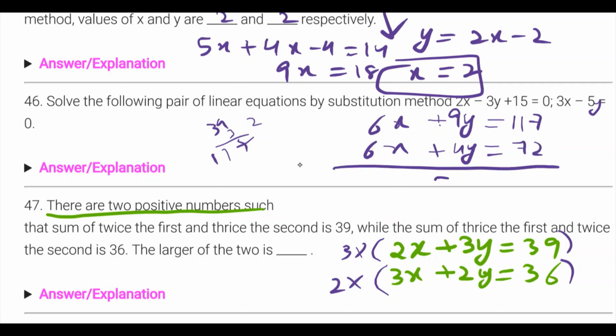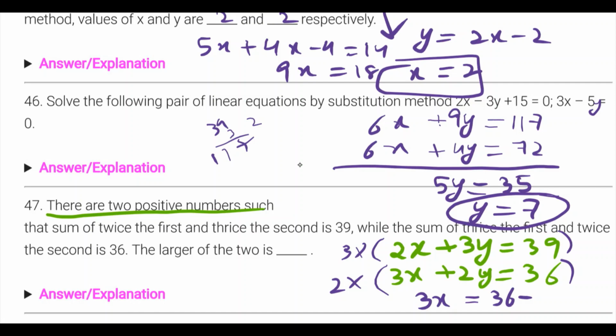Subtracting these two equations, 5y equals 117 minus 72, which is 45. So y equals 9. If y equals 7, x will be 3x equals 36 minus 14, which is 12, x will be 4. The largest of these two is y equals 7. 7 is the largest one.